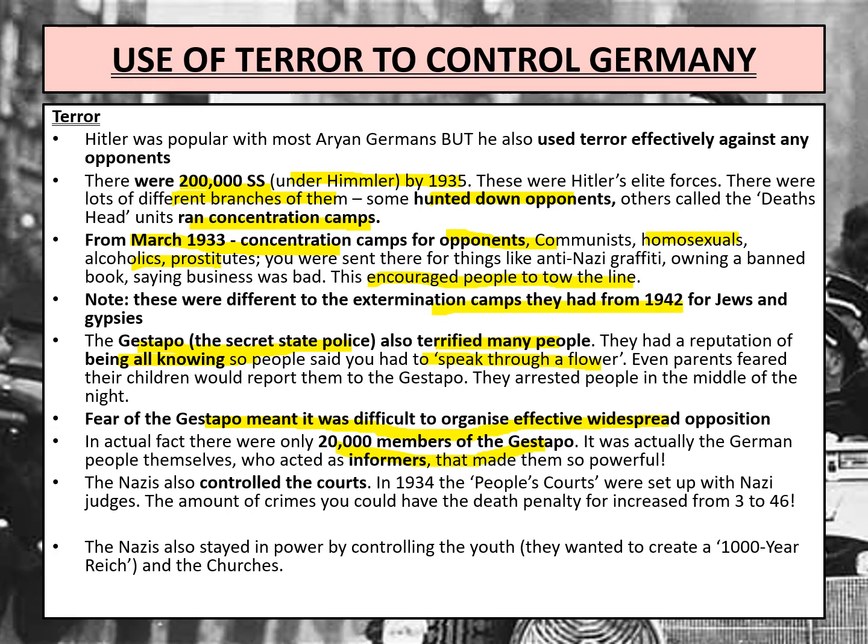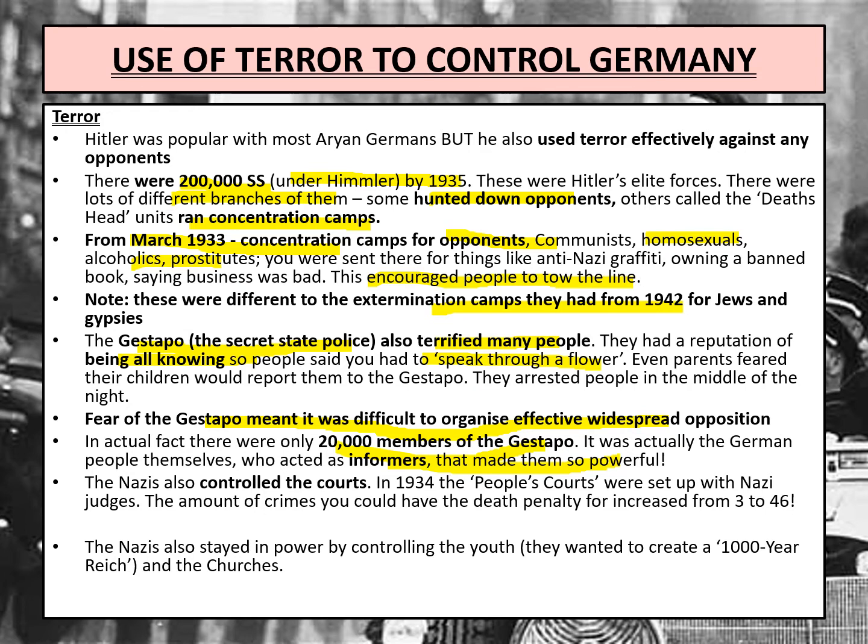So it's actually a relatively small organisation. For instance, in some cities, they had less than 10 agents. So actually, what made them so powerful was the informers, the fact that lots of German citizens used to tell on their friends and neighbours, and that's been found out after the Second World War.